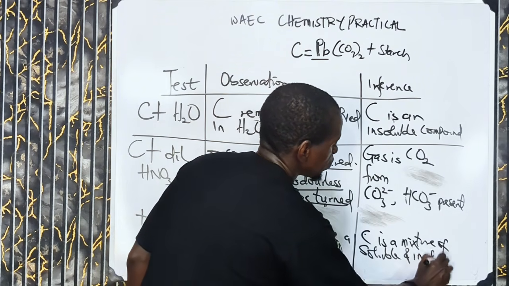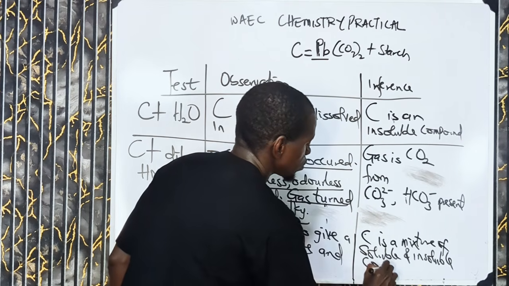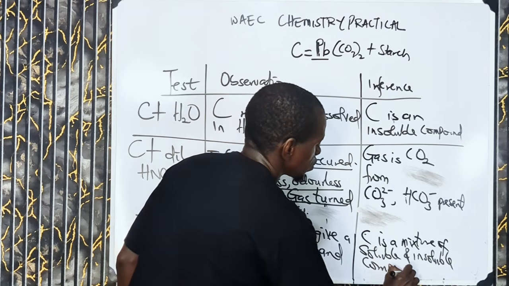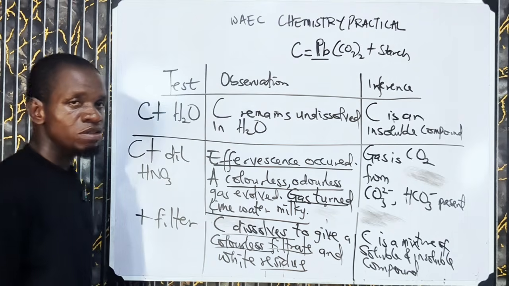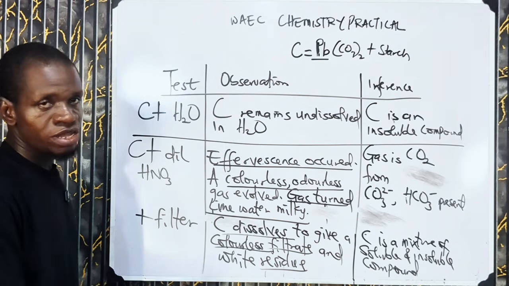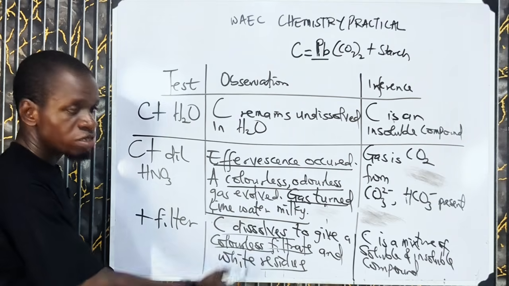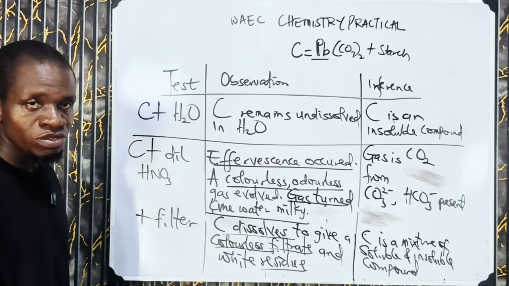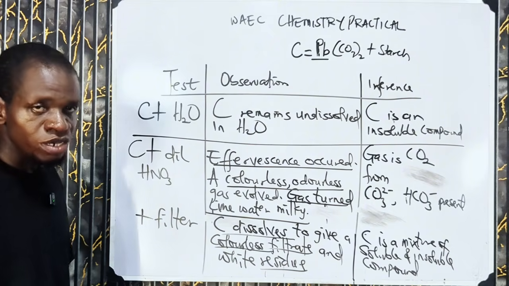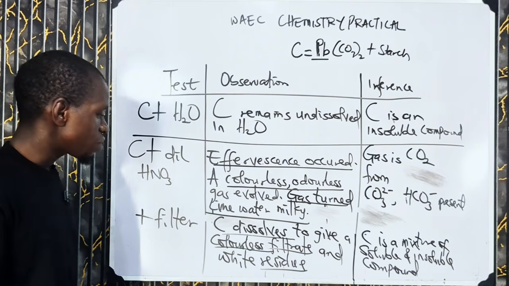The only one that is insoluble is the starch, but the lead carbonate was able to react, give effervescence and form a new substance.